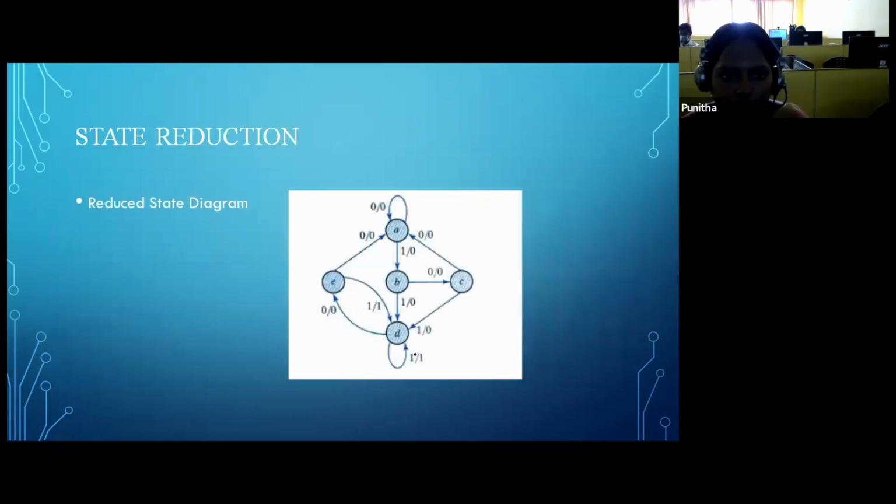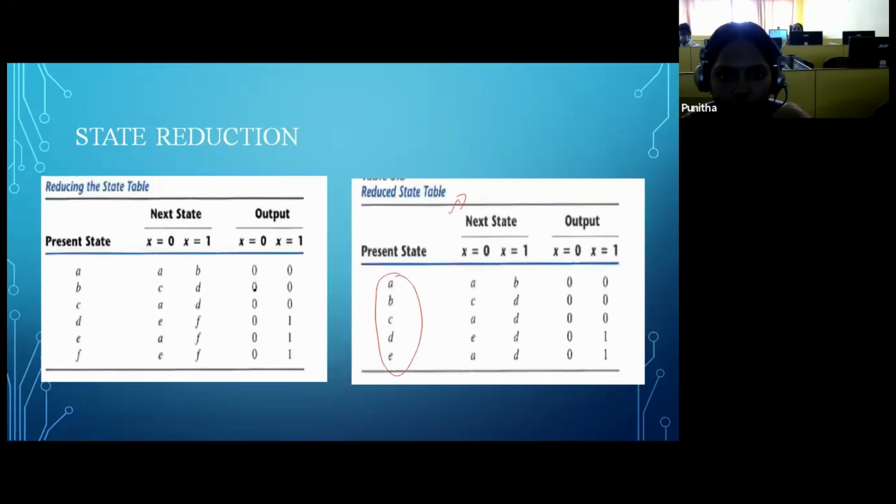A, B, C, D, E. I just need to go with the circle representation A, B, C, D, E. Then I need to apply the input x equal to 0, x equal to 1. If I apply x equal to 0, my next state is A and the output is 0. A 0 I need to mention.